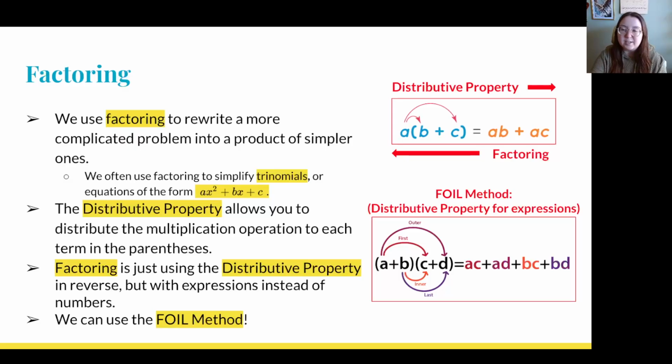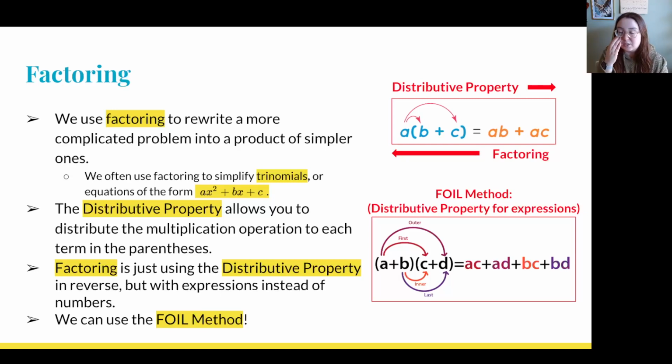Your first would be a times c. Then you have your outer terms, a times d, the two on the ends. Then your inner terms, the two in the middle, b and c. And your last terms are the second terms in each chunk, so b times d.